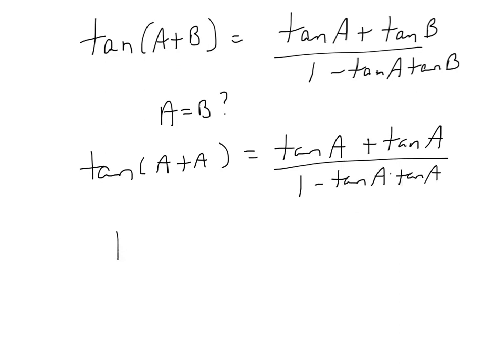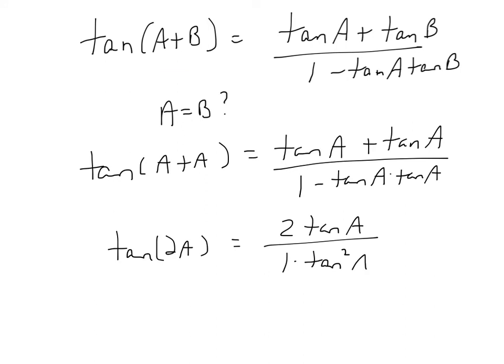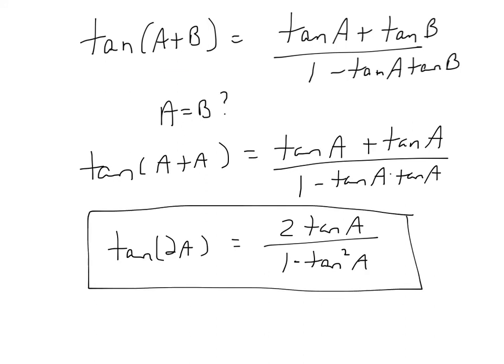And that's going to simplify. The tangent of twice a will be 2 times the tangent of a over 1 minus tangent squared a. It's minus. And this is your tangent identity.